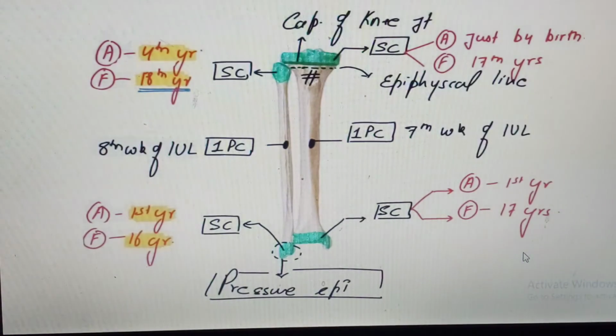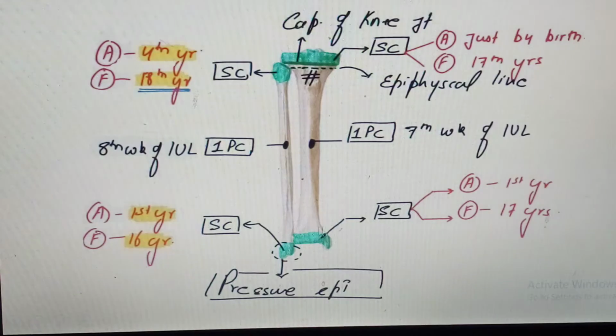So I begin with the ossification centers. We've seen the bones of the leg being, of course, the tibia and the fibula. Now if you take the tibia, for instance, it presents with one primary ossification center which appears in the 7th week of intrauterine life, and then it will have two secondary ossification centers, one at the proximal end which appears just after birth and fuses around age 17.